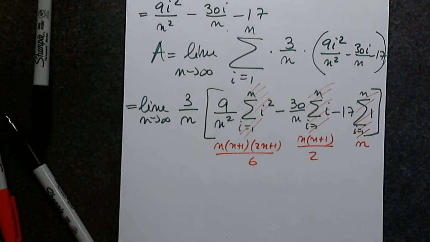This is the step in which I eliminate the sigma notation. But I have to remember those 4. If I don't remember them, I will not be able to continue from here. So the sum of 1 is n. The sum of i is n times n plus 1 over 2. And the sum of i squared is n times n plus 1 times 2n plus 1 divided by 6.